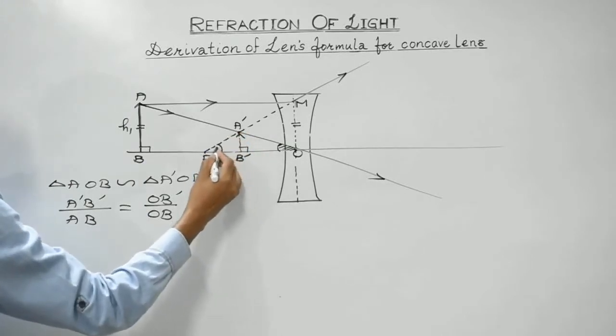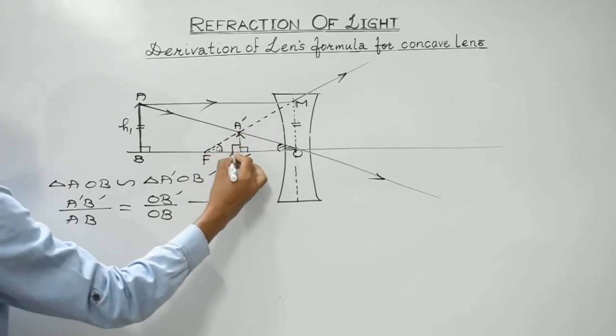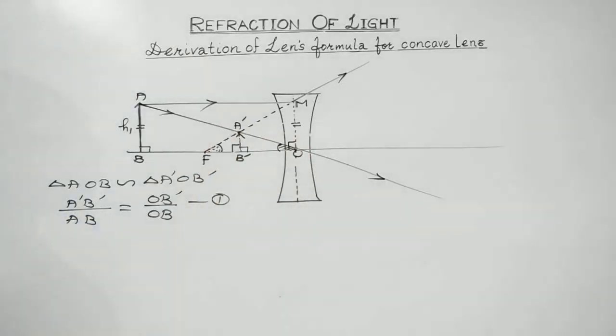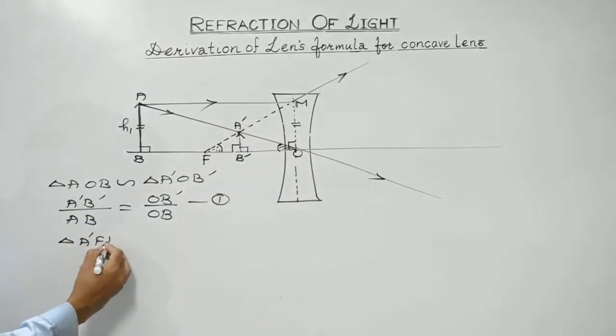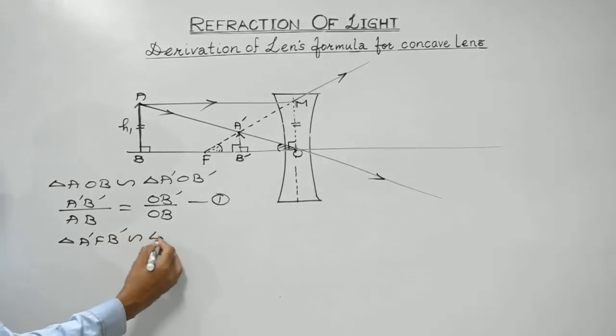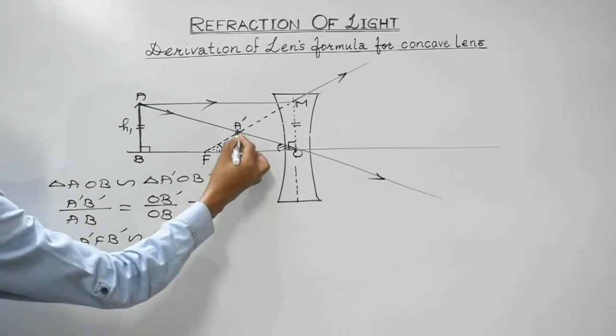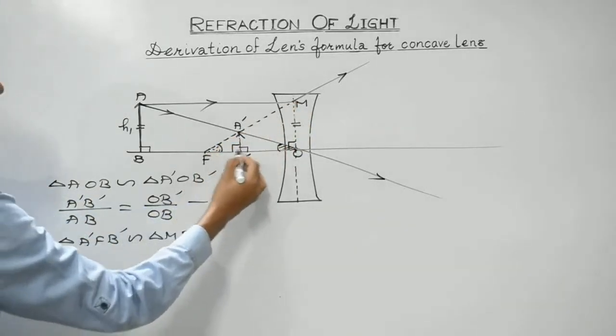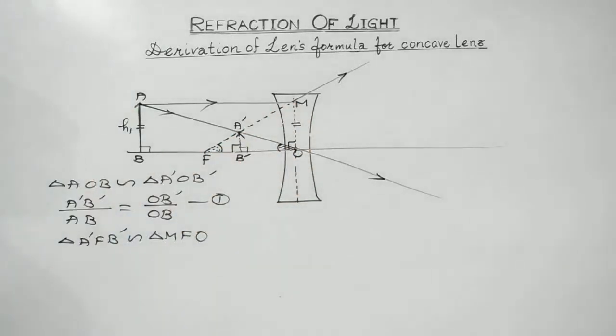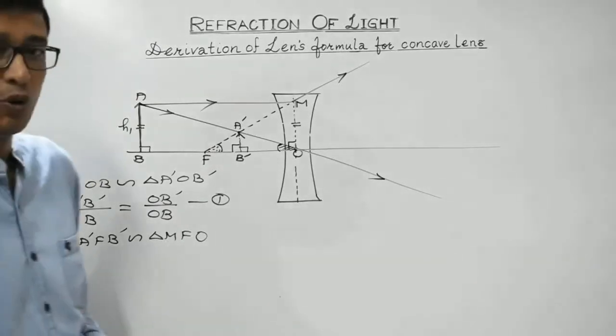Again, this would be the common angle, and this is 90 degrees, and this is also 90 degrees. Therefore, triangle A dash FB dash must be similar to triangle MFO. Right? So the corresponding sides are proportional.